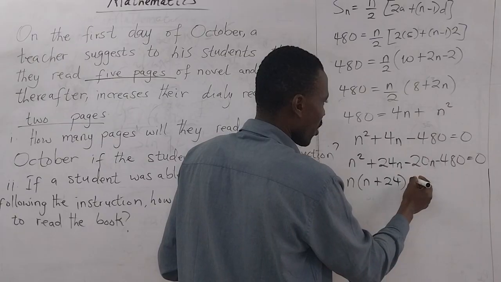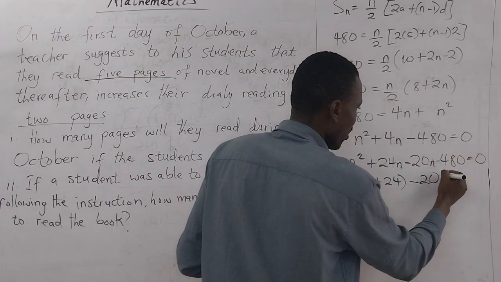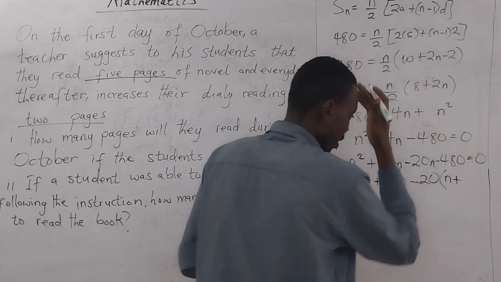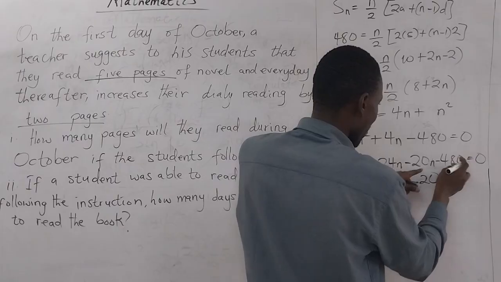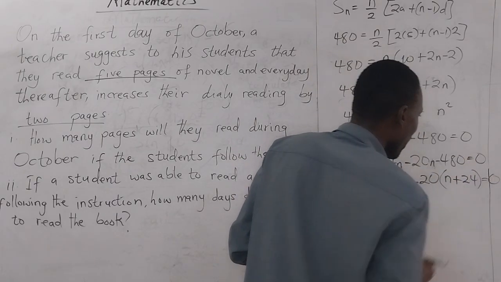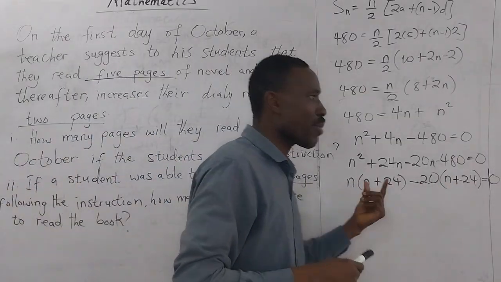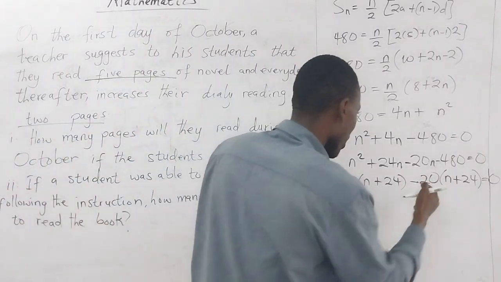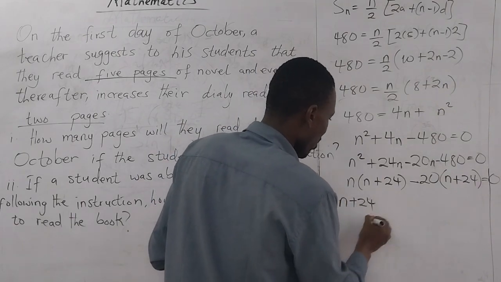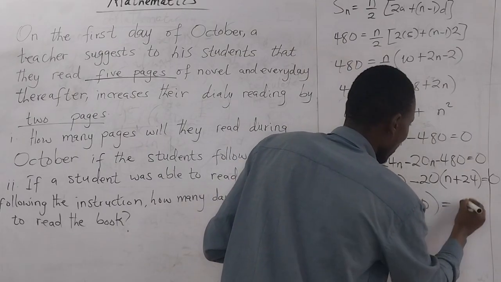You can see negative 20 is common, then n is left out here, there will be a plus, then when you factor 20 from 480, you are going to get 24. Great. And one funny thing about quadratic equations is that once you factor, the terms in the bracket must be the same. Is that okay? Great. So let's factor the ones in bracket as well. We are going to get n plus 24 times n minus 20 equals 0.